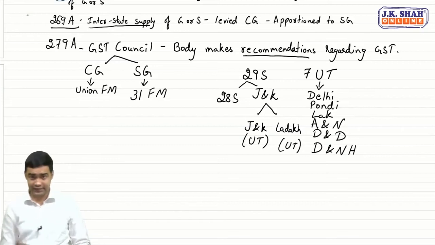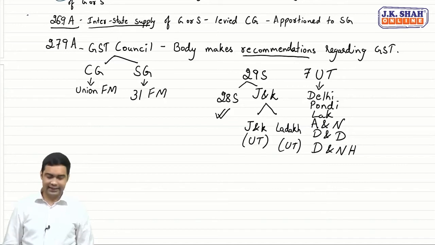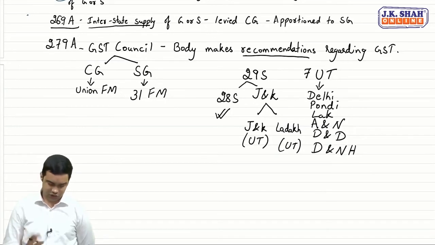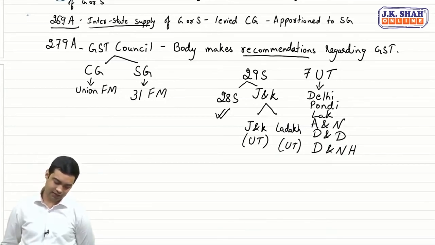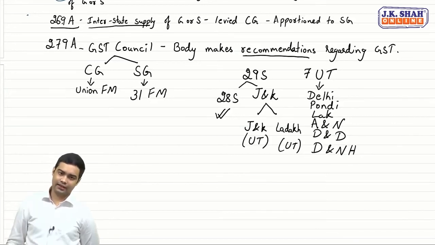So at present, if you see, there are 28 states totally. Jammu and Kashmir is a union territory. Ladakh is a union territory. Delhi, Pondicherry, Lakshadweep, Andaman and Nicobar, Dadra and Nagar Haveli, and Daman and Diu.